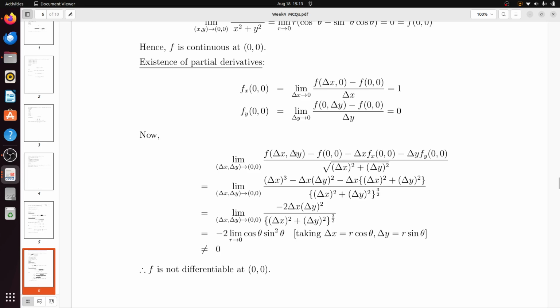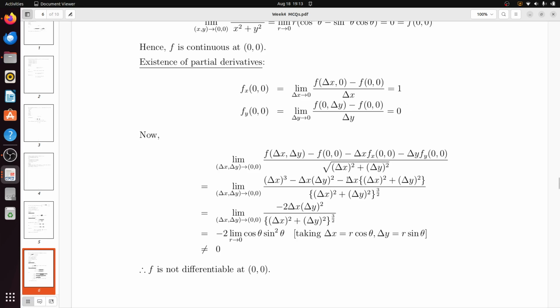So you put f(delta x, delta y) minus f(0,0) minus delta x fx(0,0), where fx(0,0) is 1.